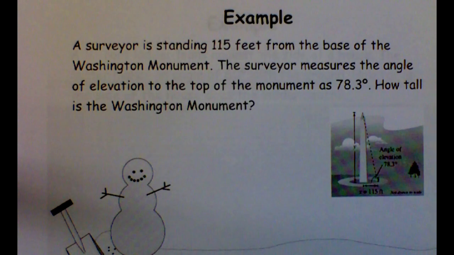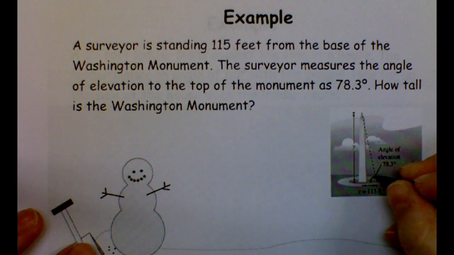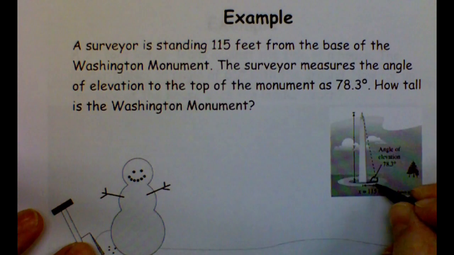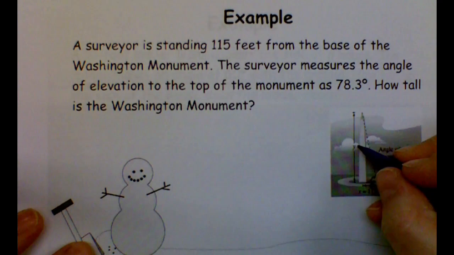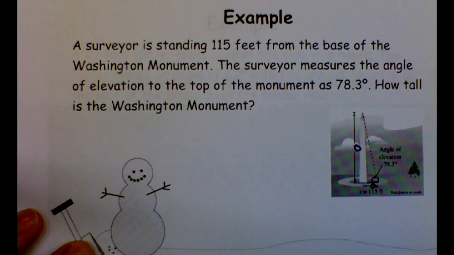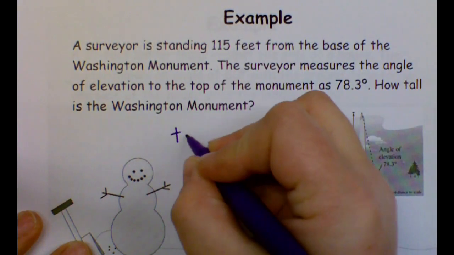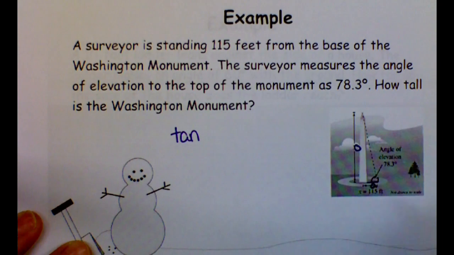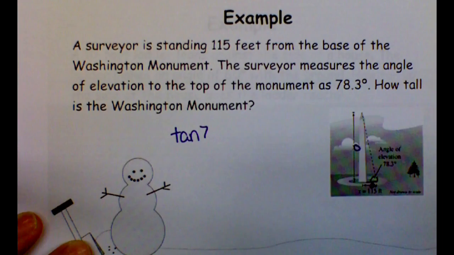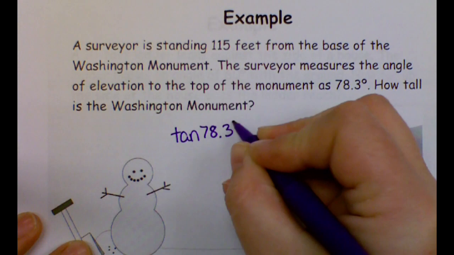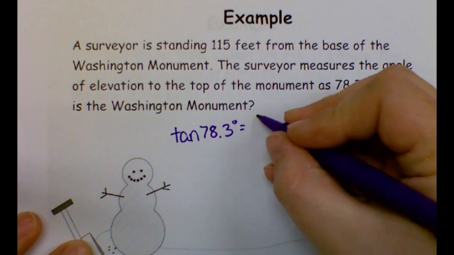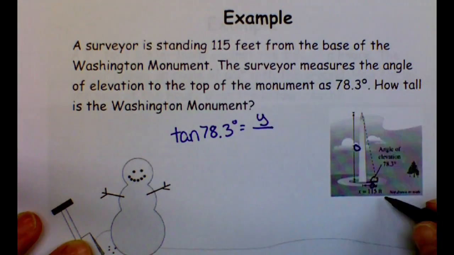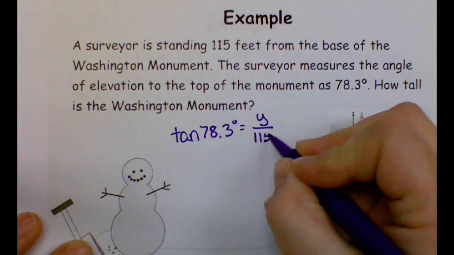We have our picture already drawn for us. It gives us our angle of 78.3. It gives us our adjacent side of 115. We are looking for our opposite side. So that means we are using tangent. O and A mean tangent. Tangent of 78.3 degrees equals opposite, which this picture labeled as Y, over adjacent, which is 115.